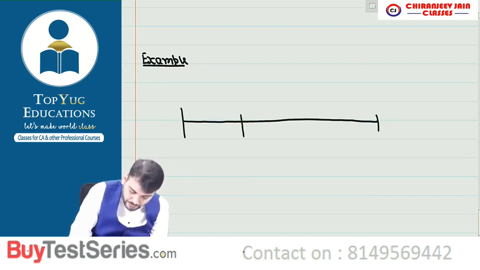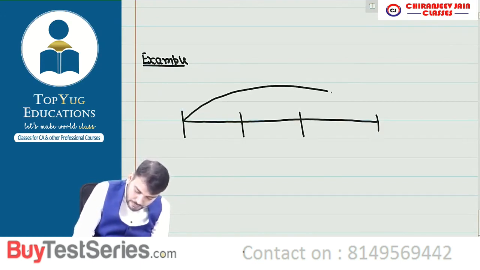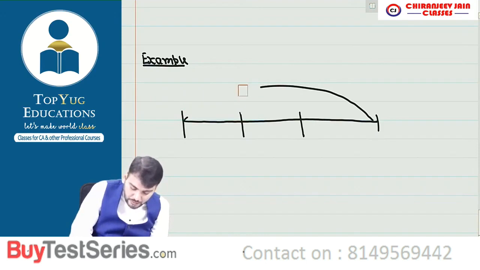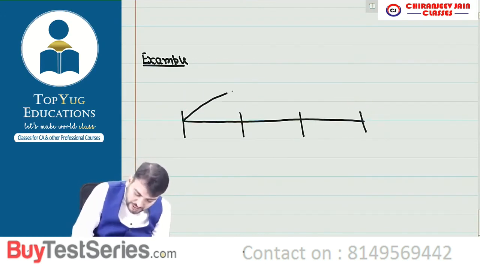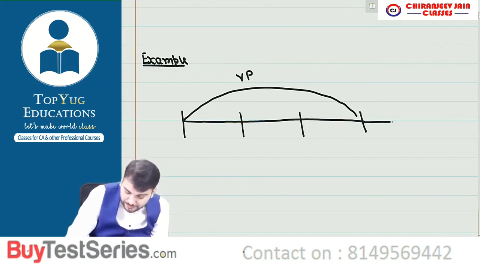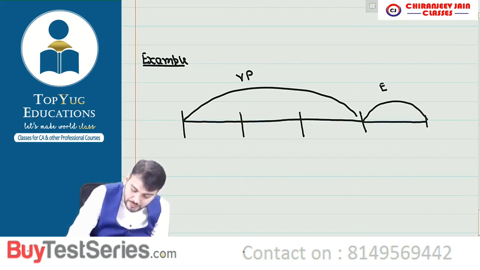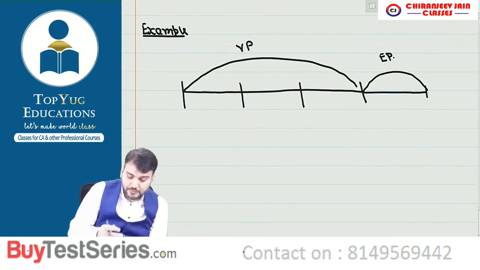Suppose this is the vesting period, VP. VP means vesting period. This is the exercise period, EP.